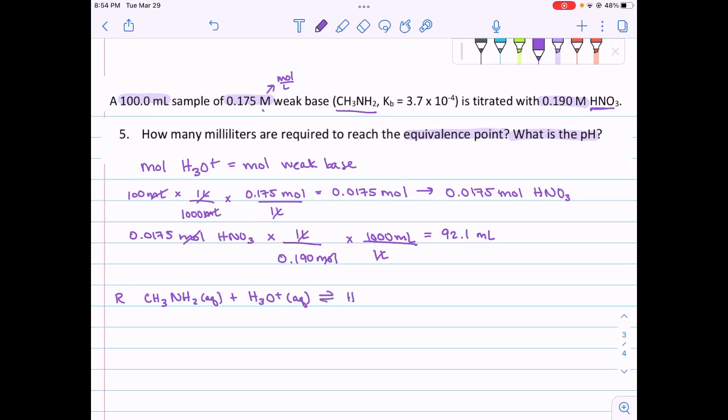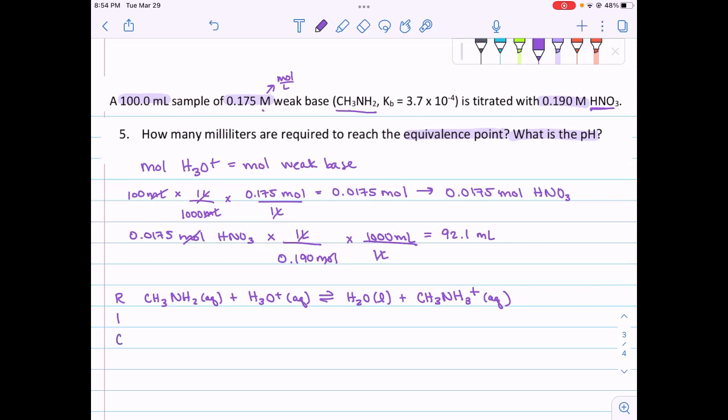And that's going to form water. And the conjugate acid, so this will be CH3NH3+, so that CH3NH2 is going to gain an H+ from the acid. This will also be aqueous.